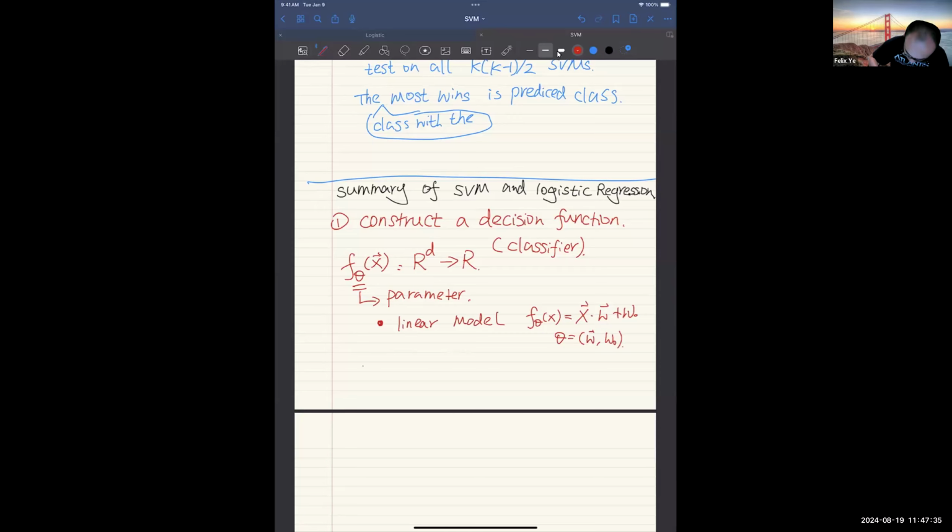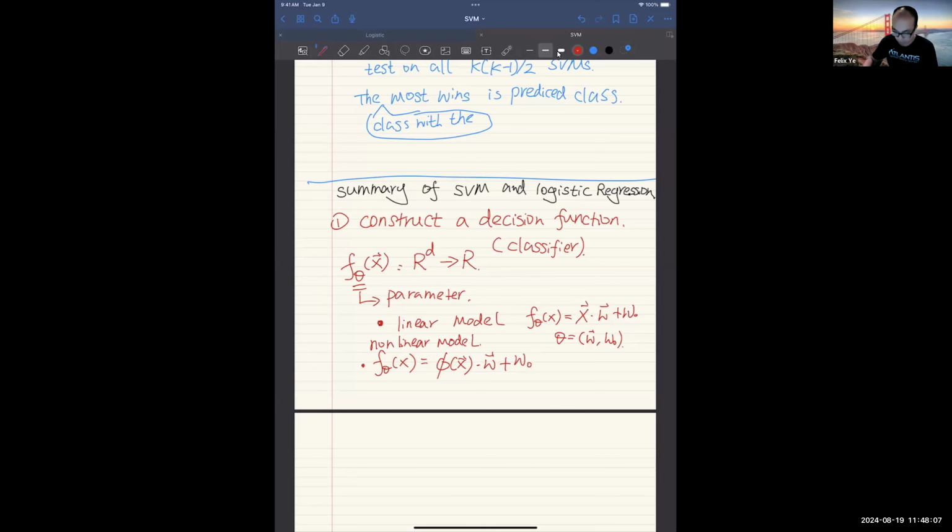Or you can have some feature map, and this will be something like f theta of x, a nonlinear model. So you have some feature map phi of x, times w plus w0.